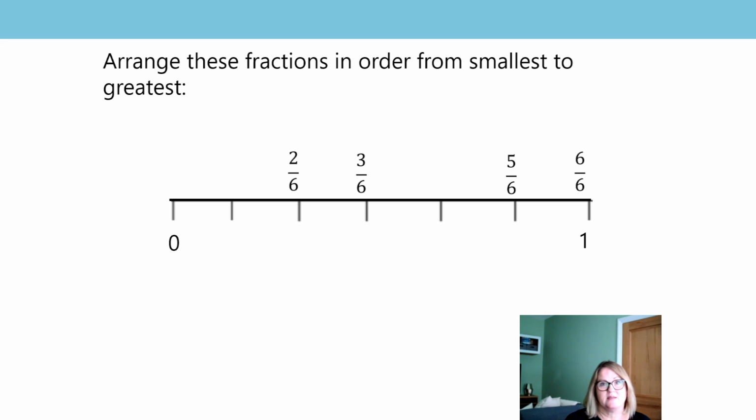Now we can see which fraction is smallest, which one is closest to 0. 2/6, because 2/6 is less than 3/6, which is less than 5/6, or less than 6/6.